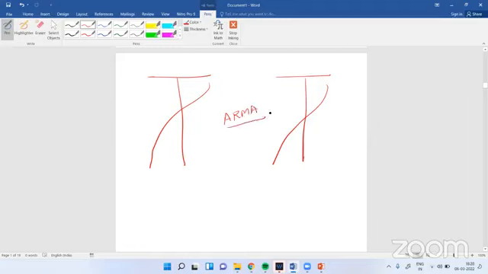Is it clear? Shall we proceed further? Is it clear to all of you? Say yes or no. Okay. Now open the file. In this case, if both are significant, no, it can be geometric.